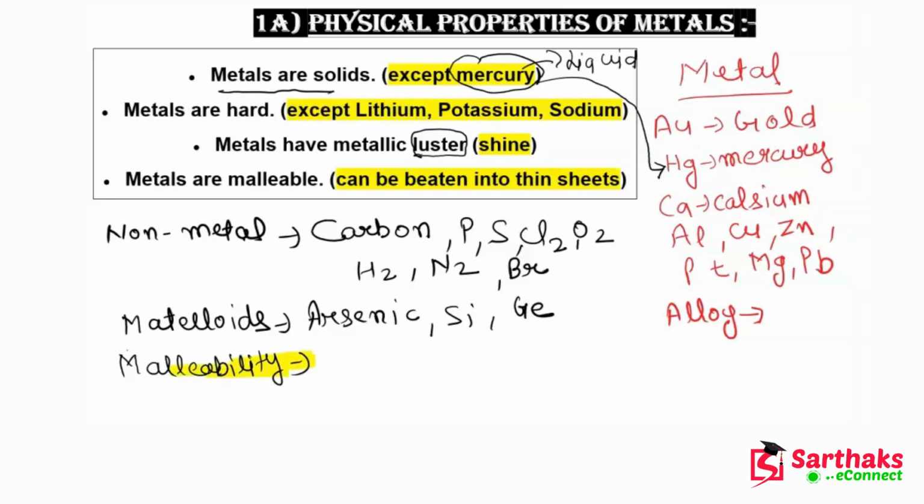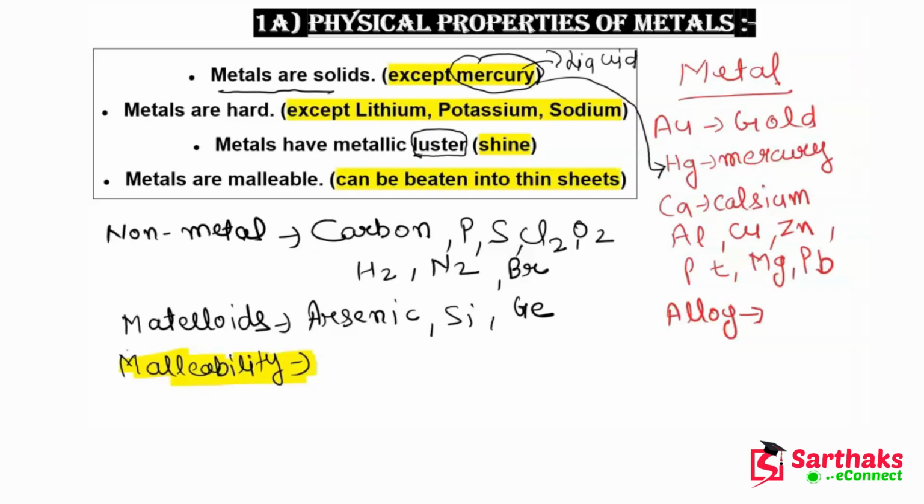Let me highlight it for you, malleability. Now guys, the question here is what is the meaning of malleability? So guys, metals have the ability to be beaten into thin sheets. You can make thin sheets of metal. So this property or quality of metal is known as malleability.